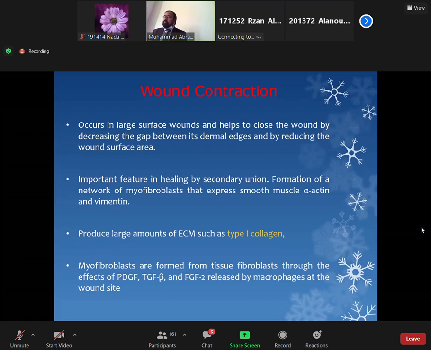These myofibroblasts are activated fibroblasts, and this activation takes place by platelet-derived growth factor, transforming growth factor beta, and fibroblast growth factor 2 released by macrophages. So these macrophages are secreting these factors, which allow the fibroblast to convert into a myofibroblast. Now, these myofibroblasts have muscle alpha actin and vimentin, which give them the capacity to pull things together. So contraction takes place now.